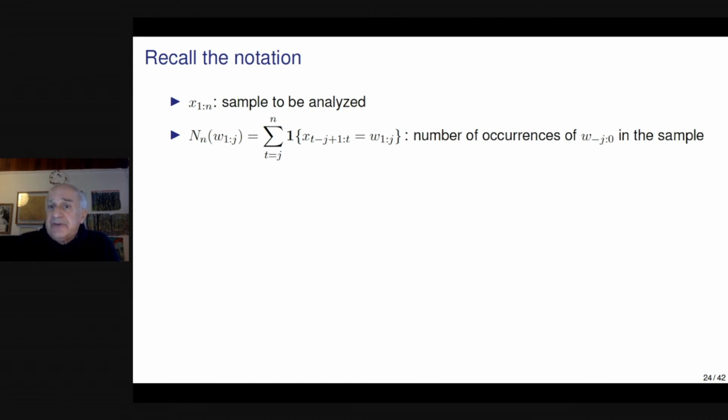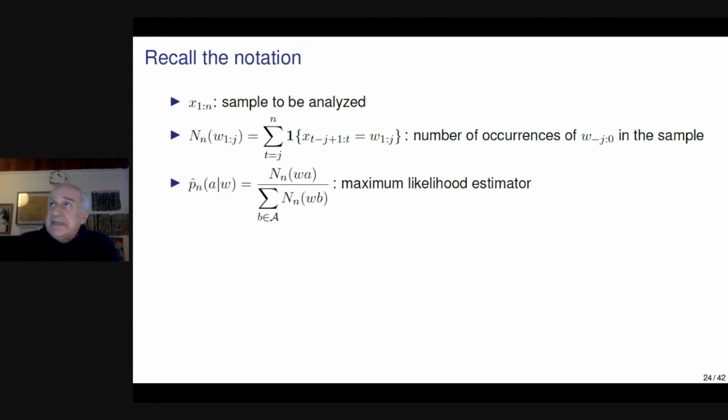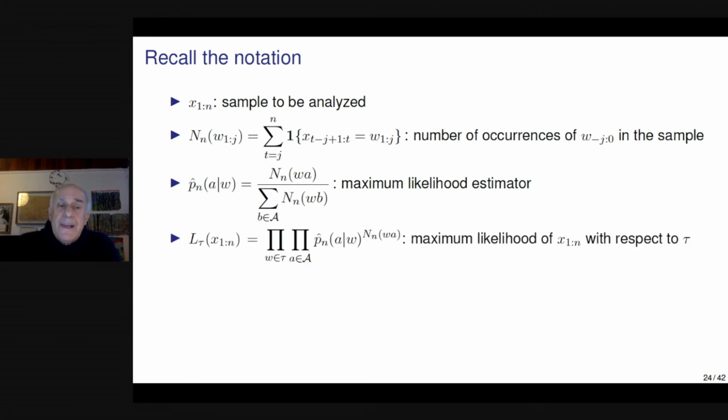It counts the number of occurrences of the string w in the sample. That's the maximum likelihood estimator associated to the string w. That's the likelihood of the sample with respect to the context tree tau, using the maximum likelihood estimator associated to the contexts in tau.